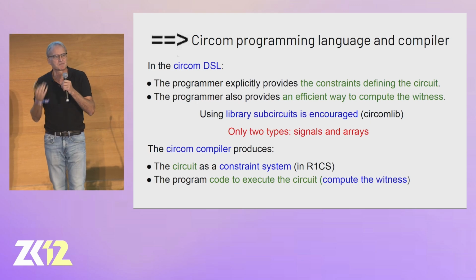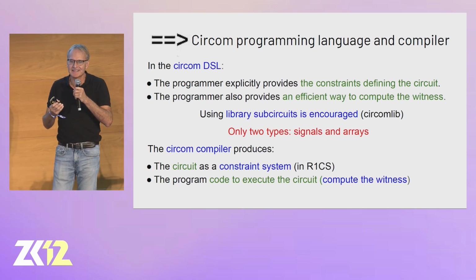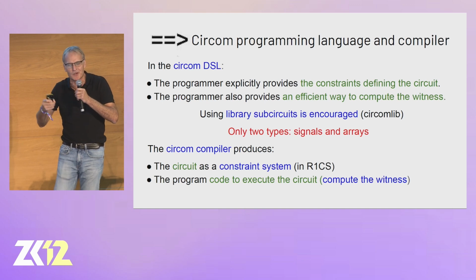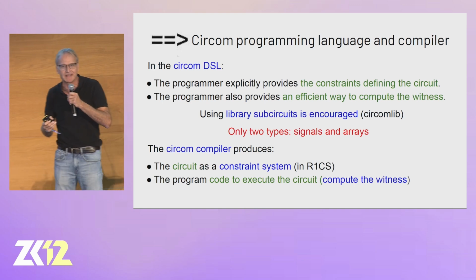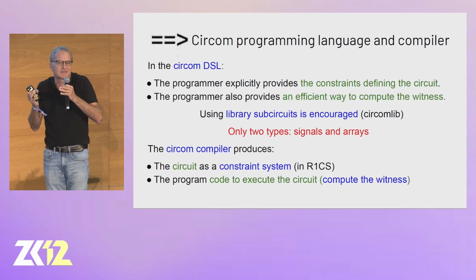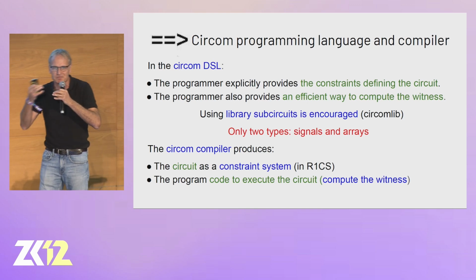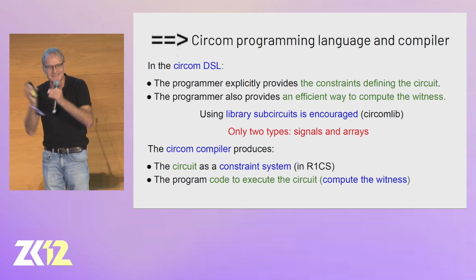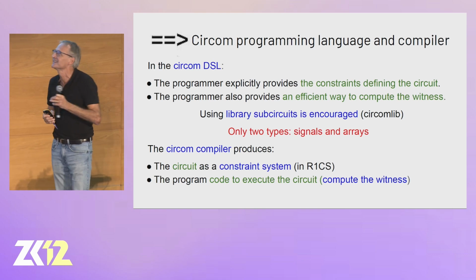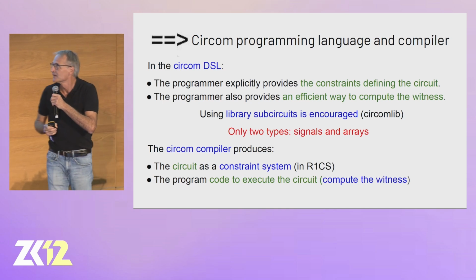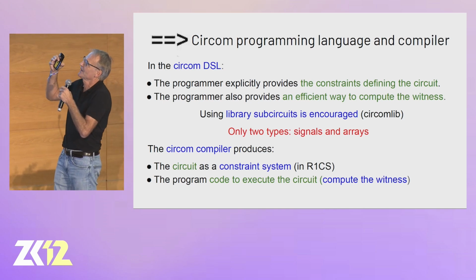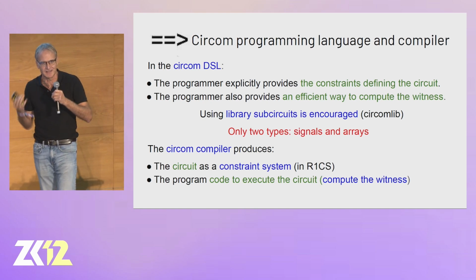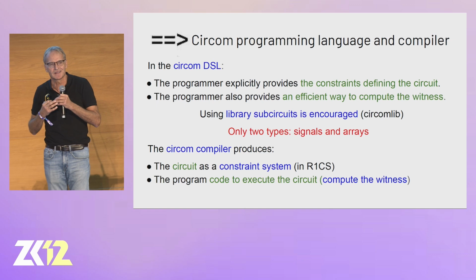So all is explicit, and then you can also provide an efficient way to compute the witness if you need, and in many cases this goes together. So you express the constraints and the computation at the same time, but in some cases it can be split in two parts.